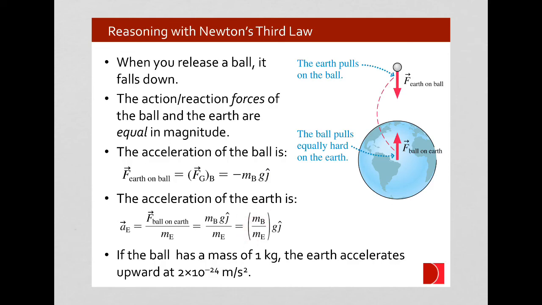We see that the acceleration of the Earth will then depend on the ratio of the two masses times our value of gravity. So if the ball has a mass of 1 kilogram, the Earth accelerates as well, with an acceleration of the order of 10 to the negative 24 meters per second squared. So it's imperceptible, but it is there.